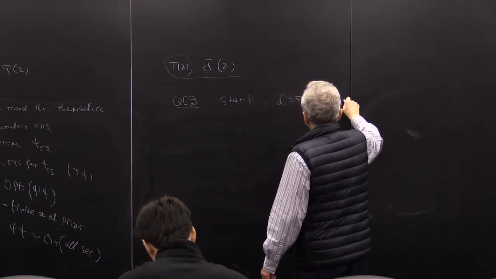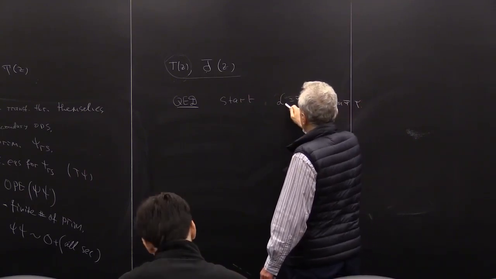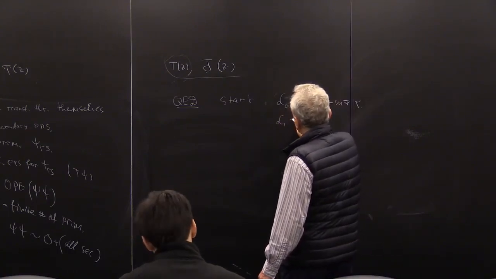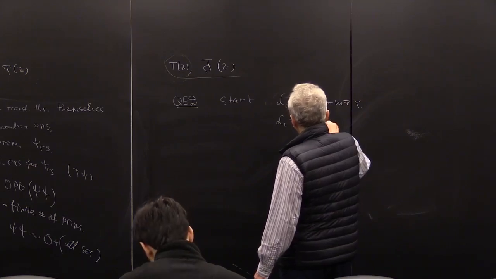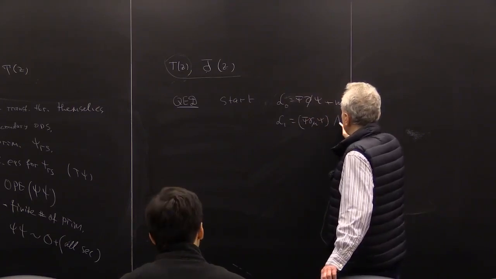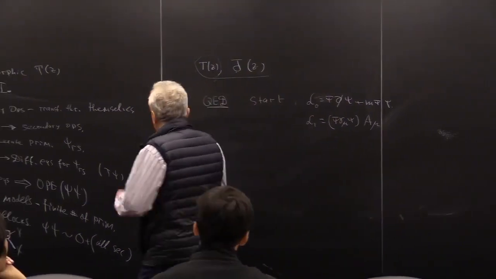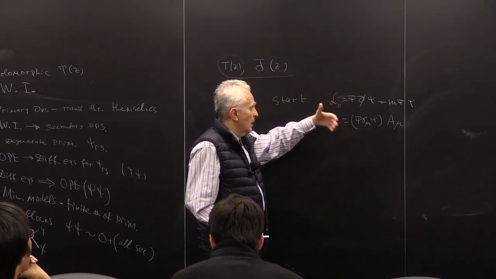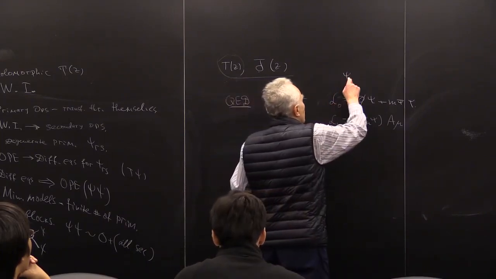They could be massive, for example. These are free fermions, and this is the zero order Lagrangian, and then we add the interaction term, the electromagnetic current multiplied by the gauge field. The appearance of the gauge field is automatic if you postulate gauge invariance.